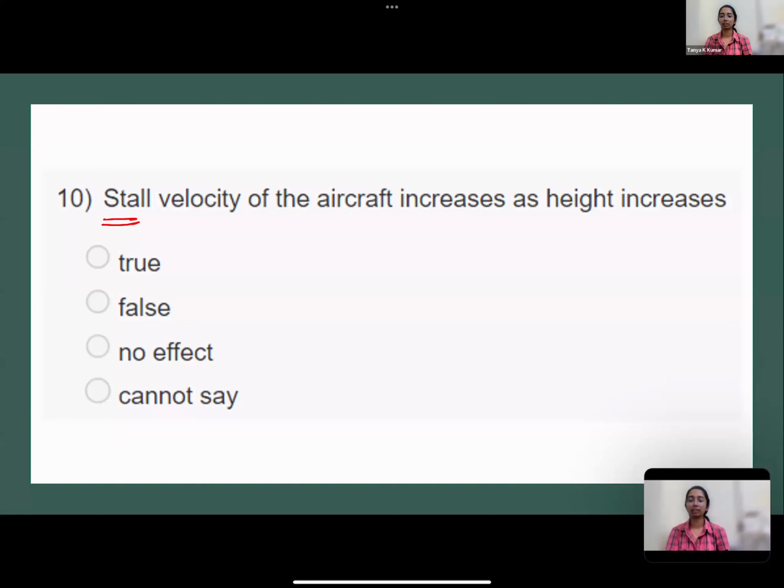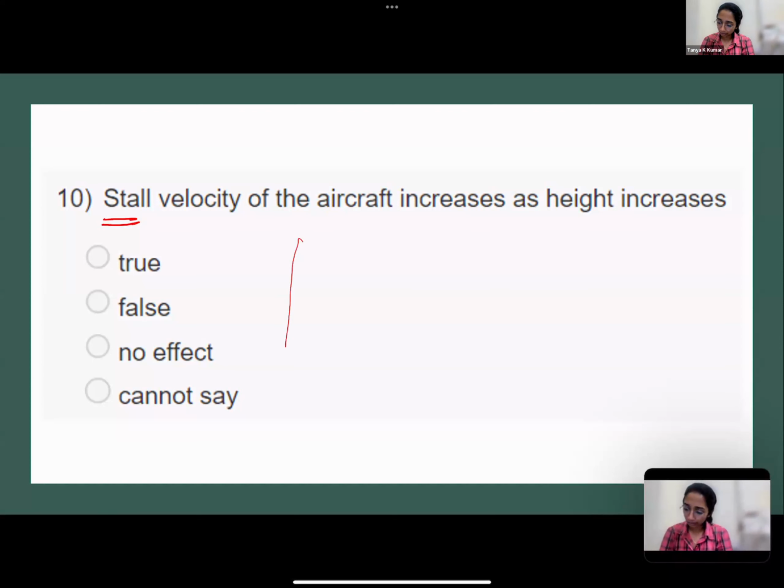Why do we need wings on an aircraft? Generate lift, correct. So I'm not sure what he meant by load, but okay.